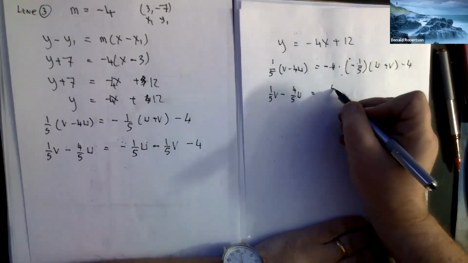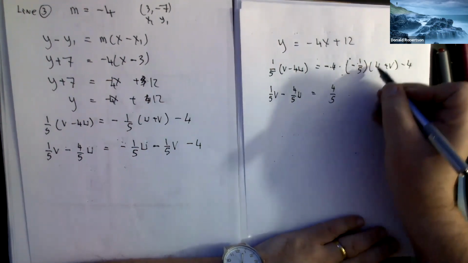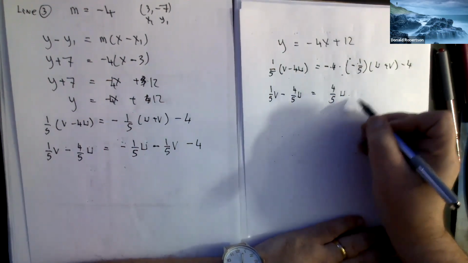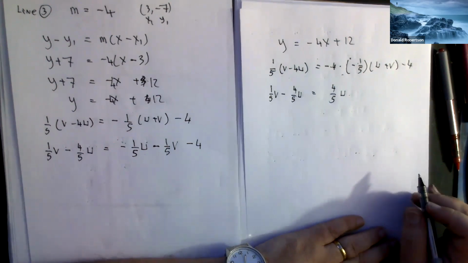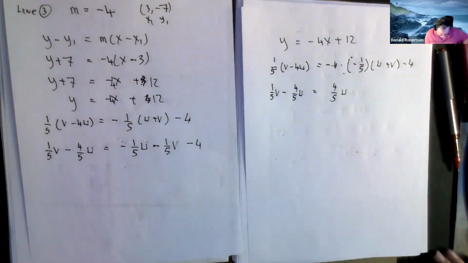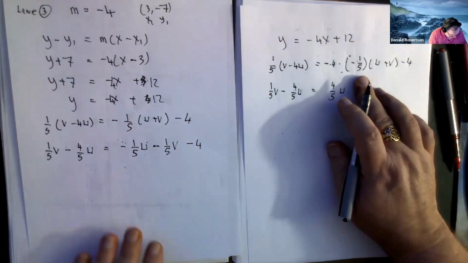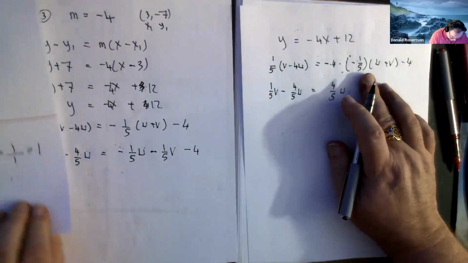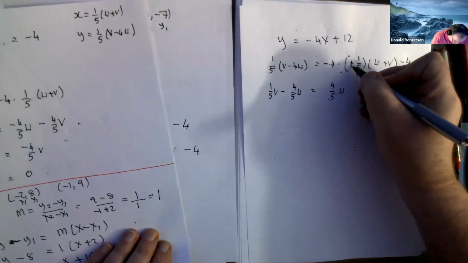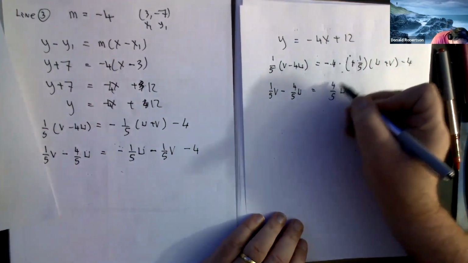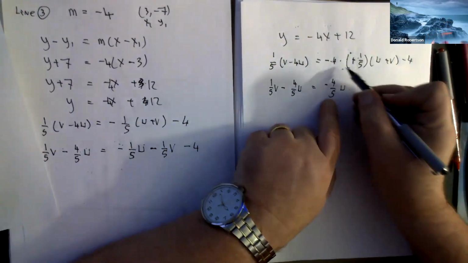That times that is 4/5 times u, and that guy... where's x? Oh, here we go. That's a plus. So negative 4/5 here.